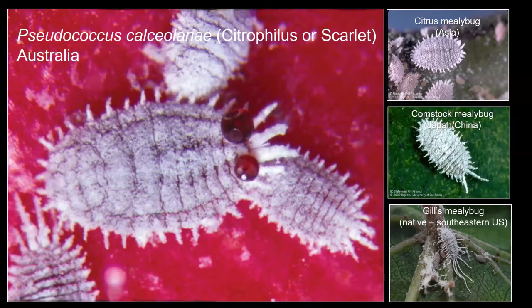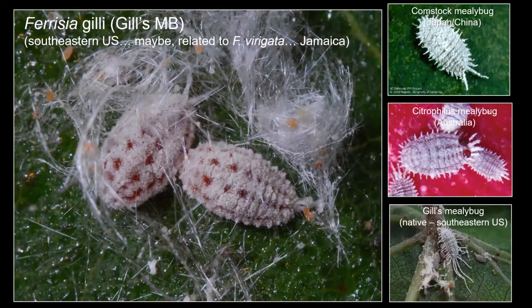Another Pseudococcus is the Calceolari, the Citrophilus mealybug, also in California, from Australia, one of the most important mealybugs in New Zealand. Here in California, not so much a pest. Pharesia mealybug, a different genus, a different group, probably from southeastern US, Jamaica.